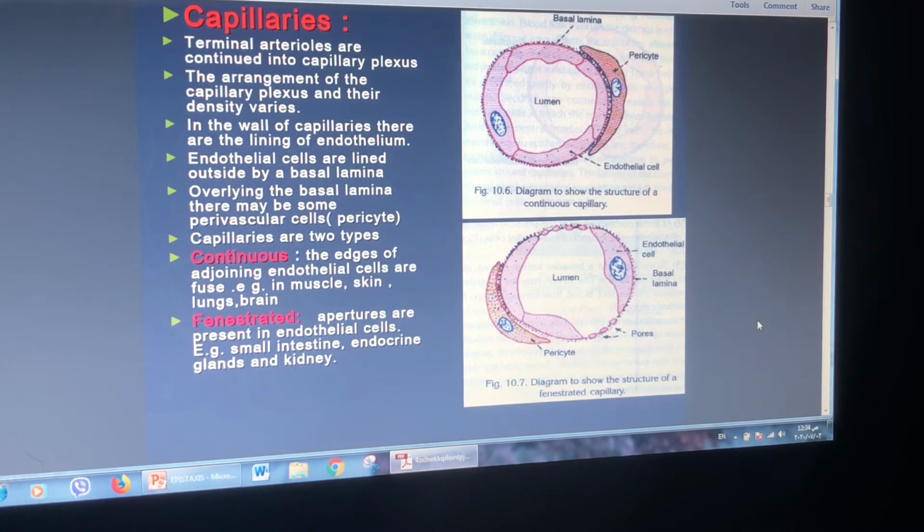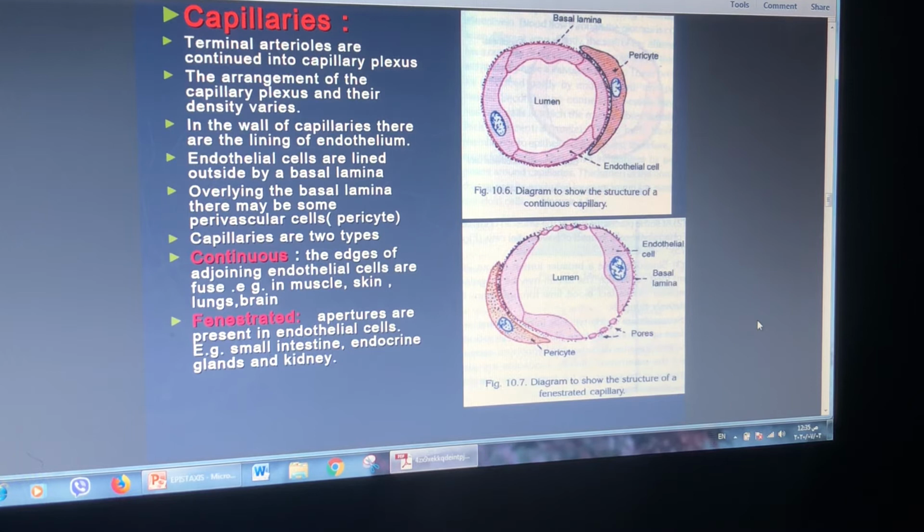Endothelial cells are lined outside by the basal lamina. Overlying the basal lamina, there may be some perivascular cells, which are pericytes. Capillaries are of two types, continuous and fenestrated.